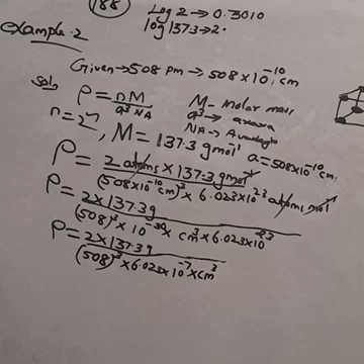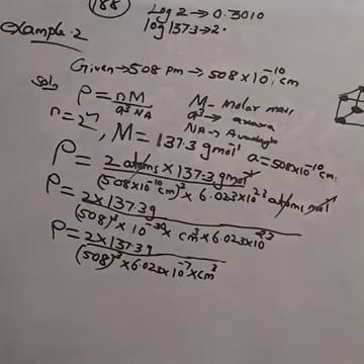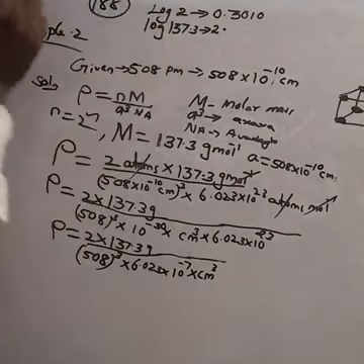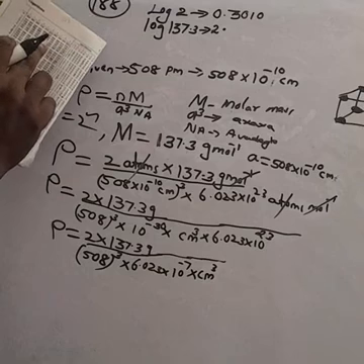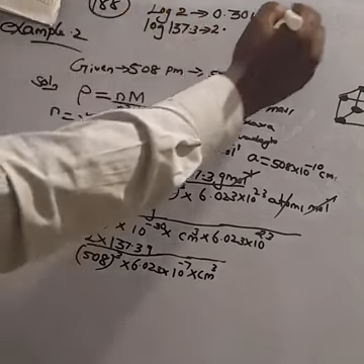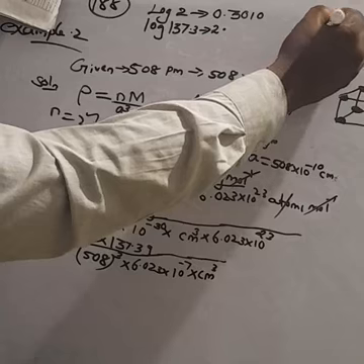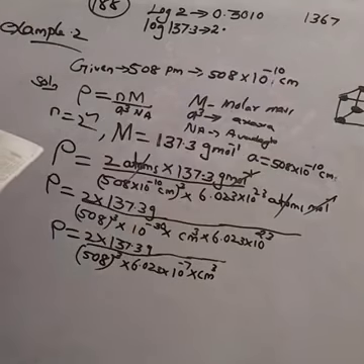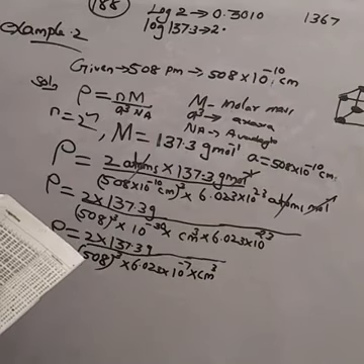Log 13. What is the log 13? Here the log 13 versus 7 is 1367. Am I right? 1367. Those who have the logarithm book, please take the logarithm book. 1367.